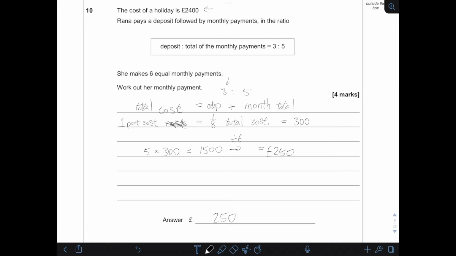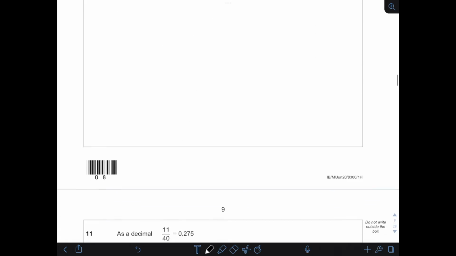So the monthly payment part is 1,500, and the deposit part is 900. The monthly payments were split in 6 parts, which gives you a total of 250 per month as the payments. So that's how you get to the answer.